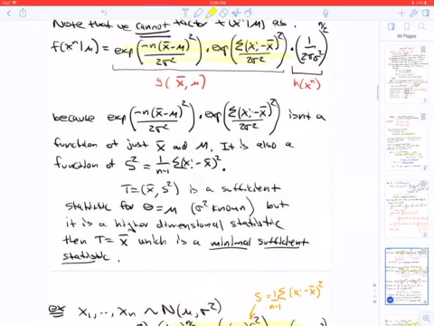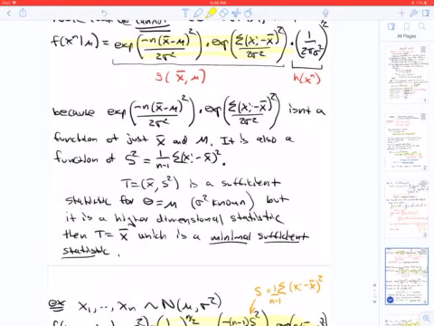So of course that would then be a sufficient statistic. That would be a two-dimensional sufficient statistic, x bar and the sample variance. But since we already have a one-dimensional one, namely x bar, why would you want to have a two-dimensional one, right?